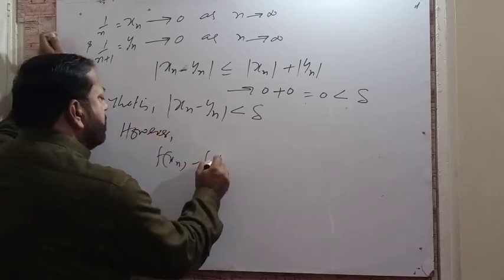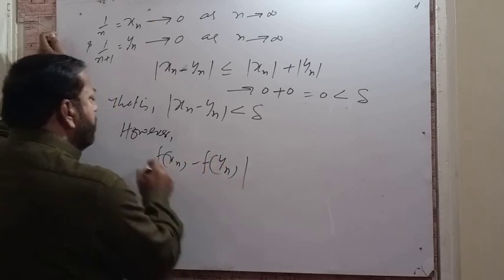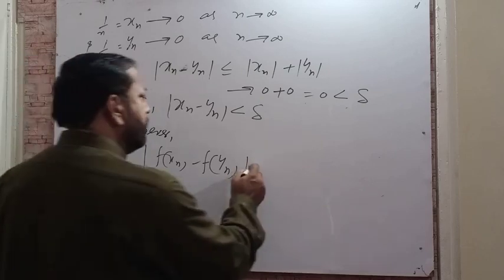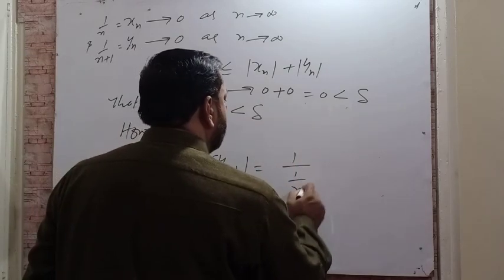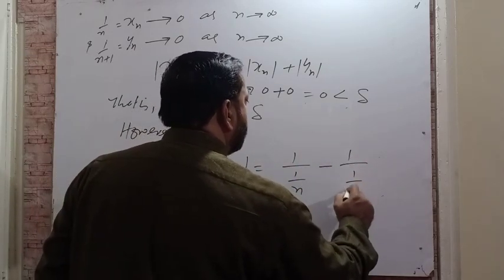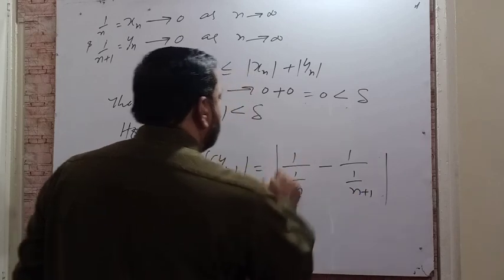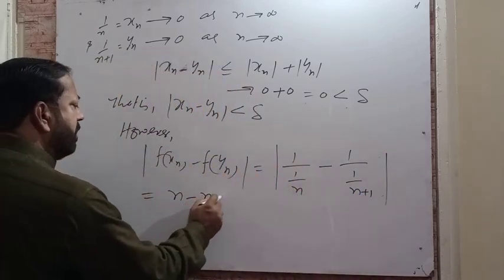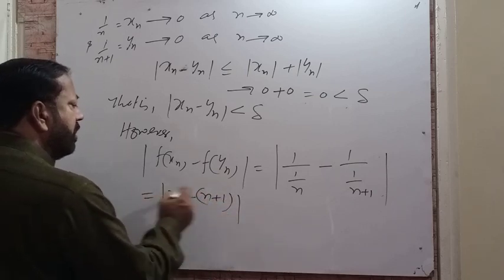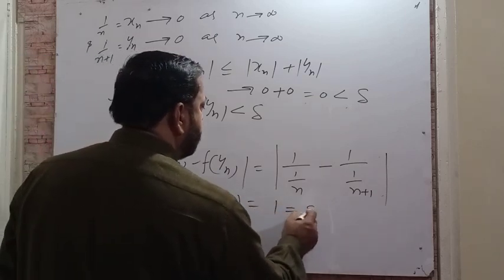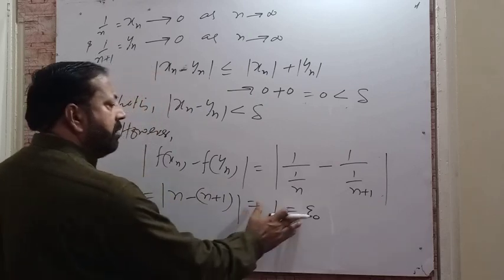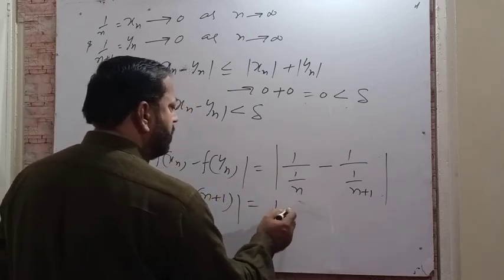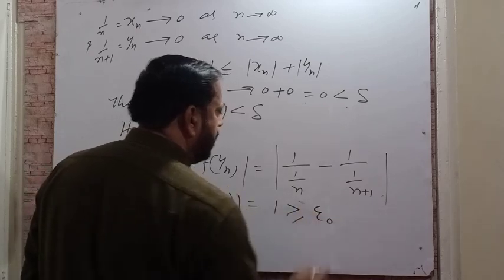What is |f(x_n) minus f(y_n)|? What is f(x_n)? This is 1 over 1 over n, minus 1 over 1 over n plus 1. So this is n minus (n plus 1), and you get 1 in absolute value, which is equal to epsilon naught, equal to 1, and which is greater than or equal to epsilon naught.